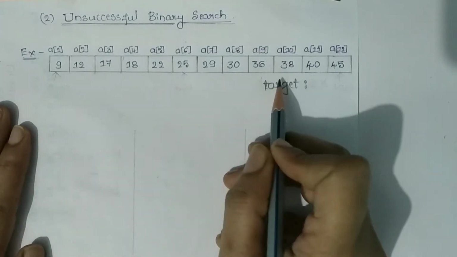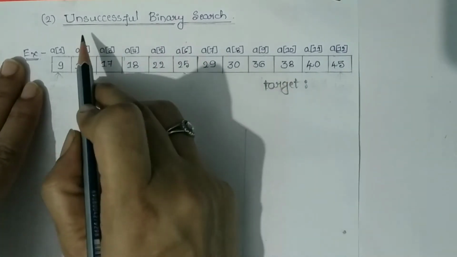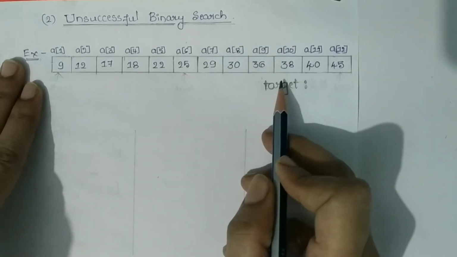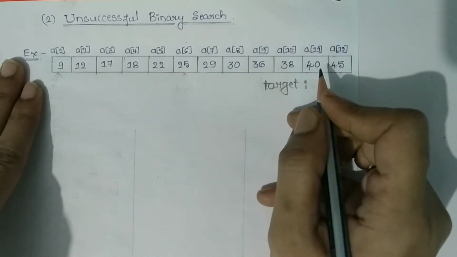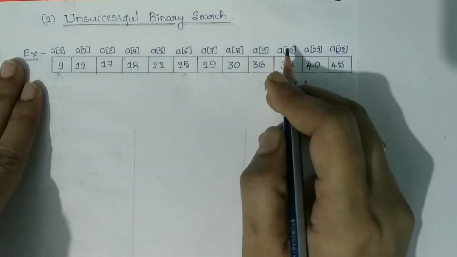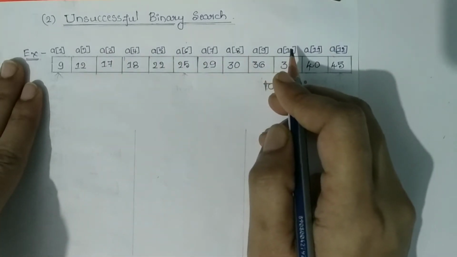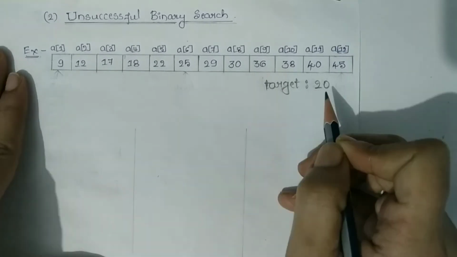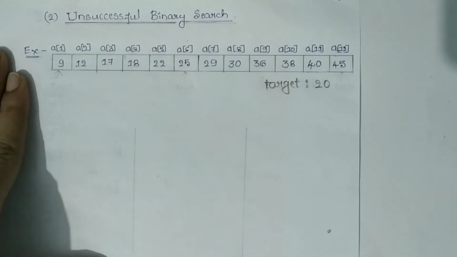The same example I have taken here to analyze unsuccessful binary search, but the target value will be different. Since I am analyzing unsuccessful binary search, I will take the target value as 20, which is not present in the given list of elements.